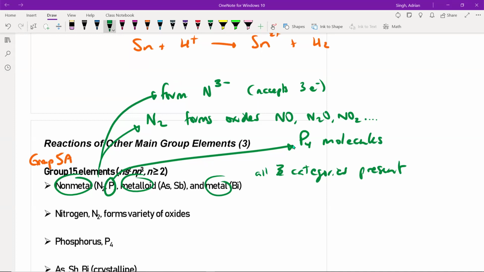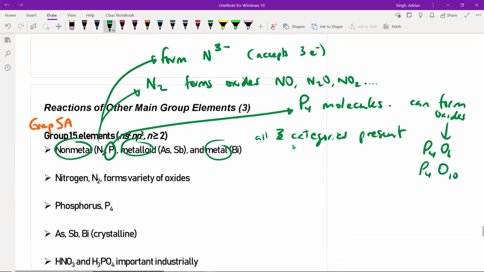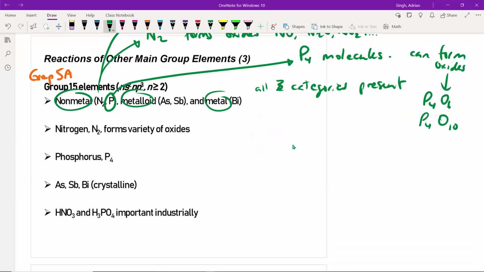It can form P4O6, or it can form P4O10. So these can form oxides as well. For example, those two. And then the oxides can react with water to form acids.